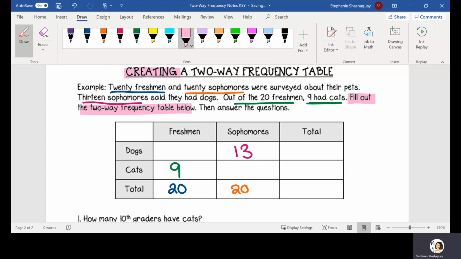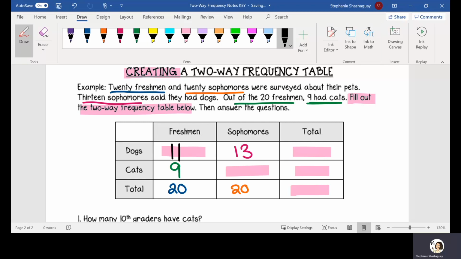So we need to fill in these 5 empty boxes before we can start answering the questions below. So if I know that a total of 20 students or freshmen were surveyed and 9 students liked cats, then that means 11 students liked dogs because 11 plus 9 is equal to 20.